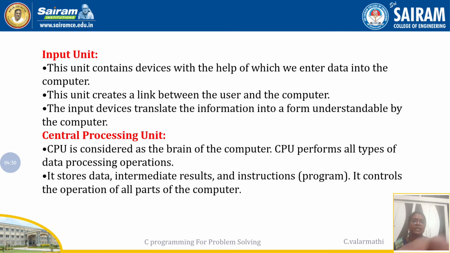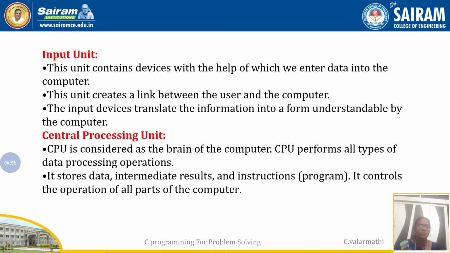So let us see one by one in the CPU. We know that the CPU is the brain of the computer. It is a very common statement we follow from schooling onwards. The CPU acts as the brain of the computer because it handles all types of data processing applications and operations, any storage, and any controlling part. Everything comes into the CPU.